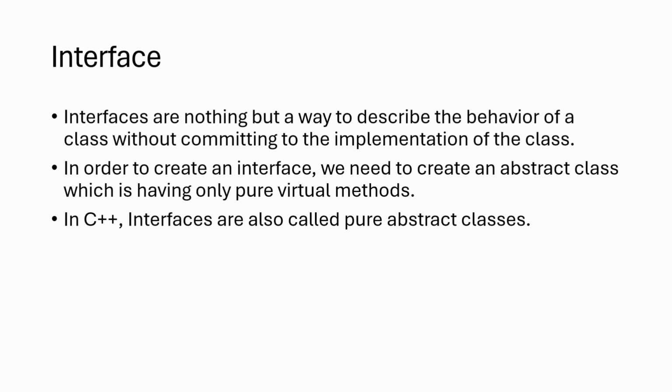In C++, interfaces are called, well, I shouldn't say they are also, I should say they're called pure abstract class. Now, pure abstract class is a unique type of class. In it, you have a pure virtual function and other functions along with it. Now, what is a pure virtual function?